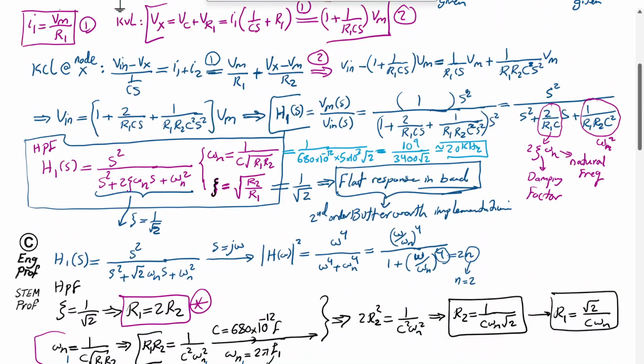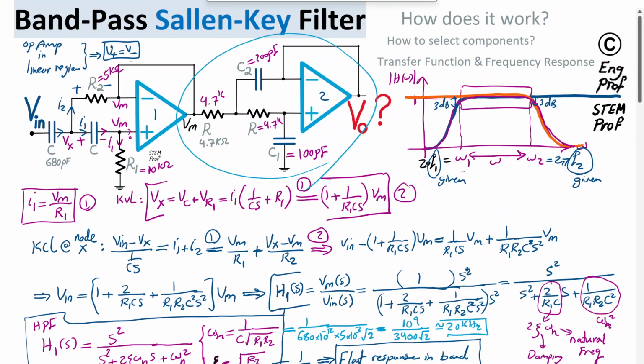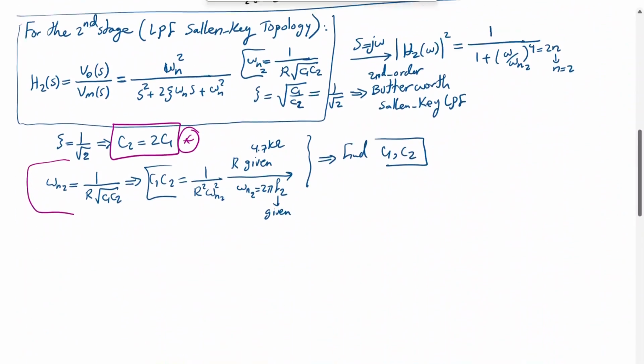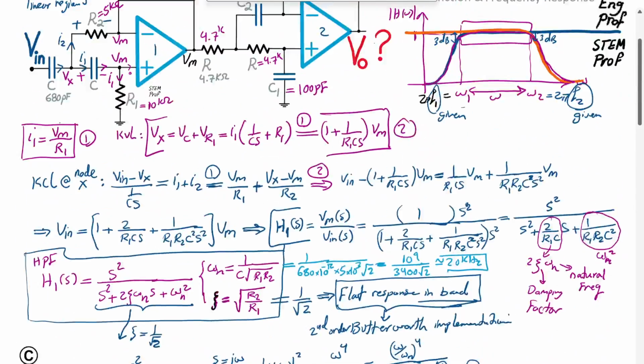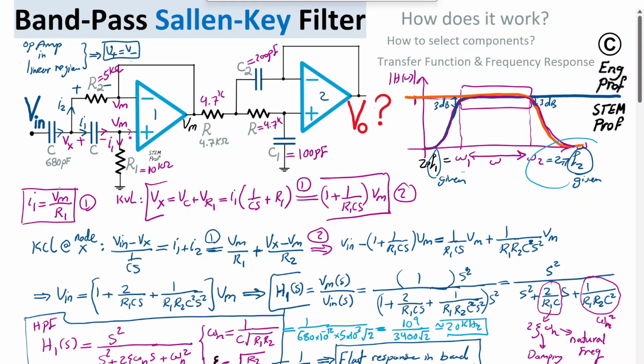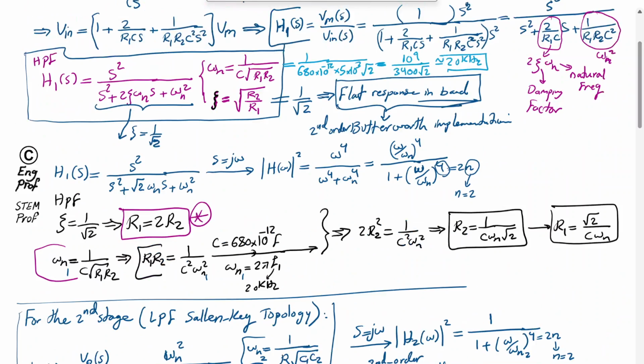If we select these components for the second stage, omega 2 turns out to be about 9 or 10 times what is computed for omega 1, so something on the order of 150 to 200 kilohertz. Depending on what we want, we can realize narrower or wider bandwidth for this filter as we wish.